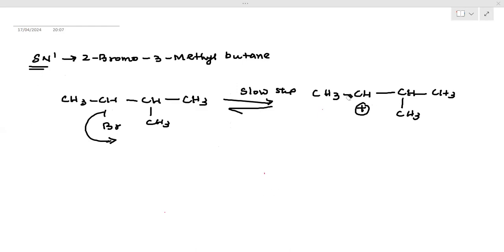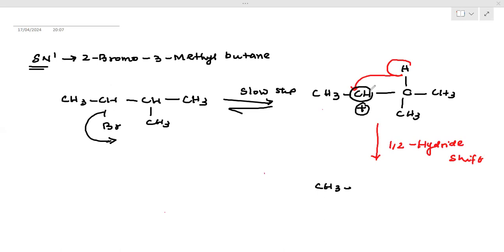For convenience I can write the carbocation like this, CH plus. So this is the formation of a secondary cation. Now what possibility do I have? I have shifting on the nearby carbon. If it shifts, a tertiary cation is possible. How is the tertiary cation possible? This hydrogen is shifted towards here. If this hydrogen shifts here, that is a 1,2-hydride shift, and it is possible. Okay, that is a 1,2-hydride shift. So if the 1,2-hydride shift is possible, the compound becomes CH3.